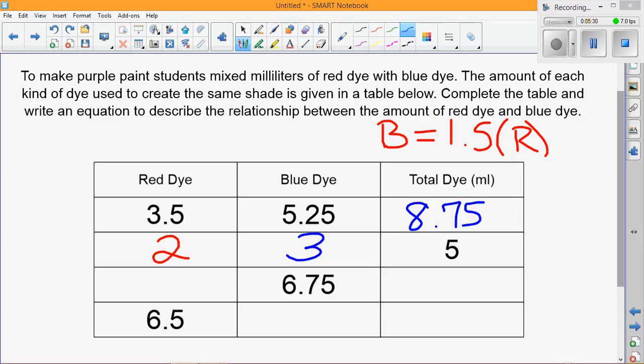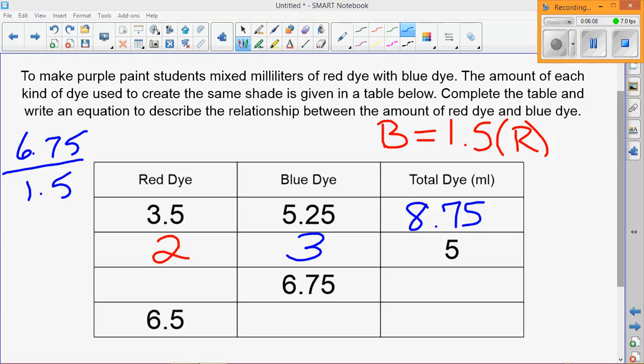Now, for the next row, we want to ignore the total column for a second and only look at the blue dye. We've already done this. We already know how to do it. And to get from the right column to the left column, we need to divide by our constant. So 6.75 divided by 1.5 should give us 4.5.